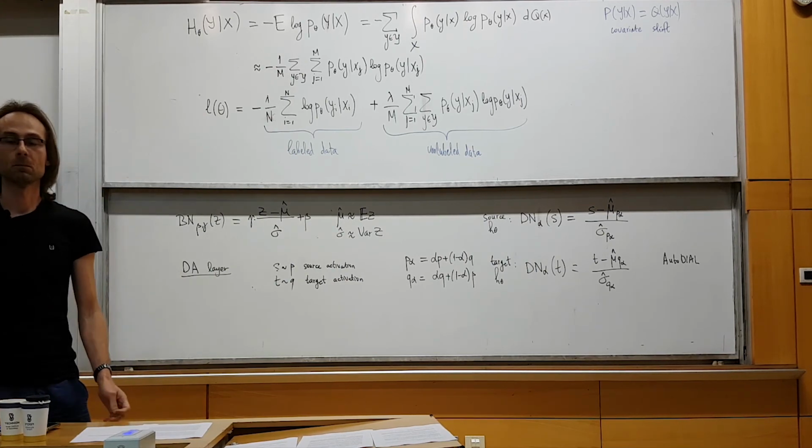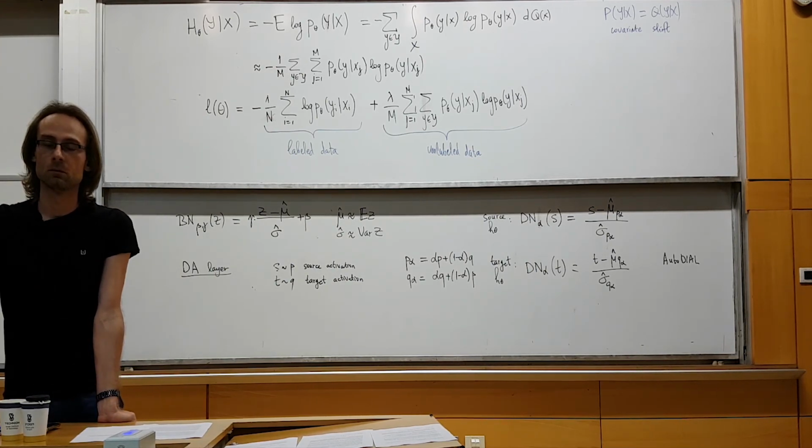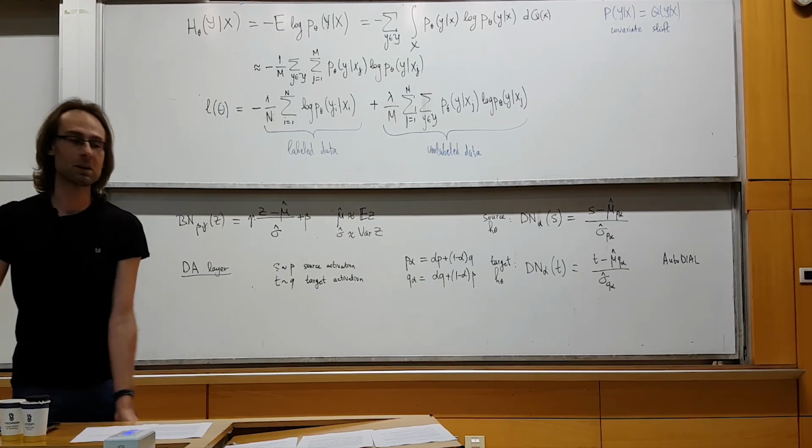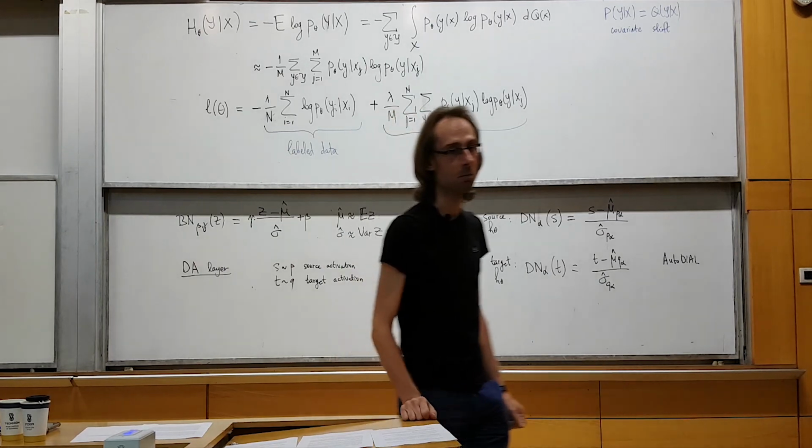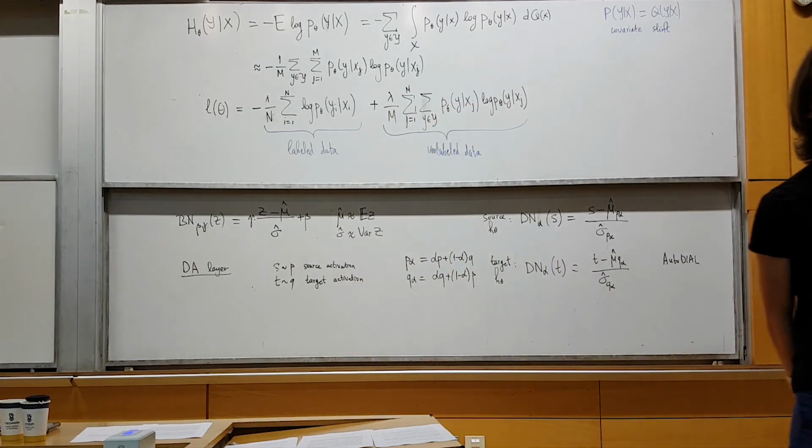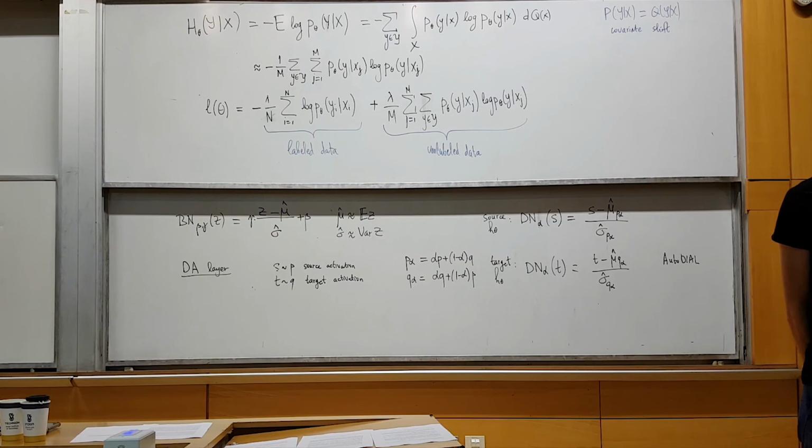Okay? What does the topology of the network look like? Because you put this in the middle between two layers. Well, you put it exactly the same way you put batch norm. Yes, but batch normalization is the same for all the network. Here you have one normalization for P and one normalization for Q. Sure. So basically you have two versions of the network, which you are evaluating simultaneously, right? One version works on the source data, another one works on the target.